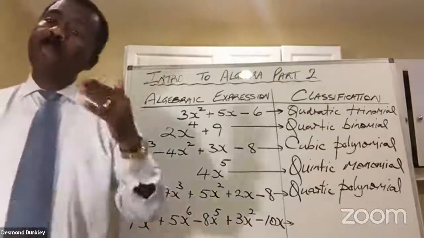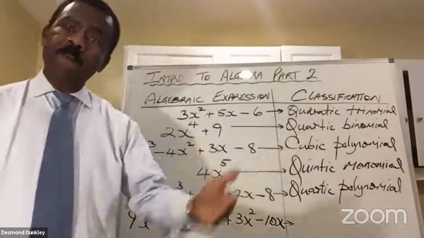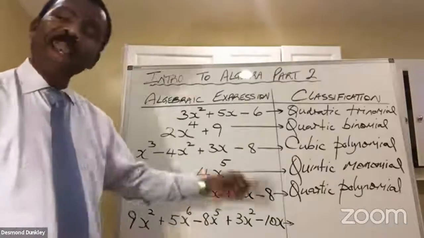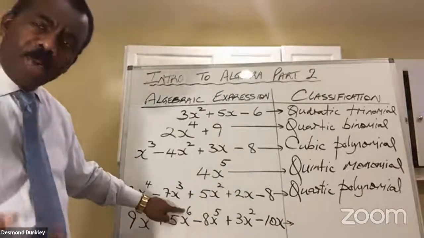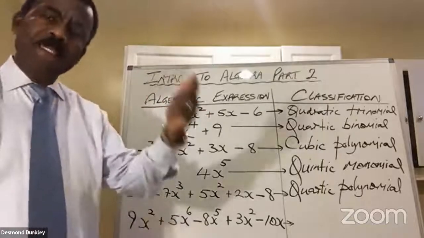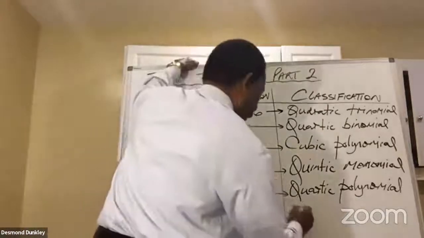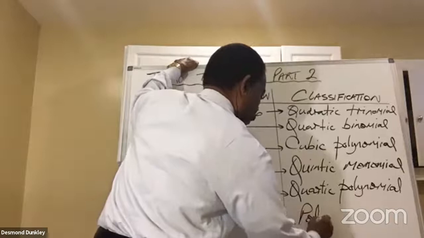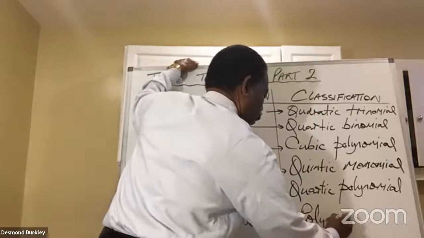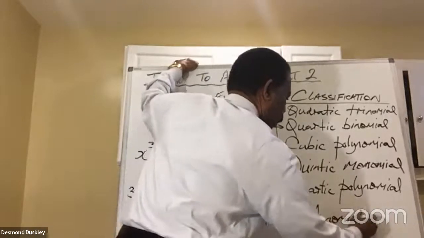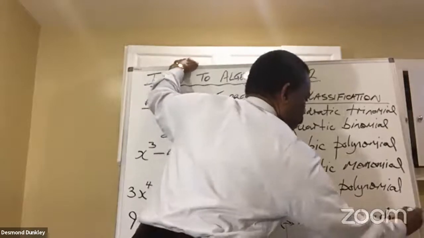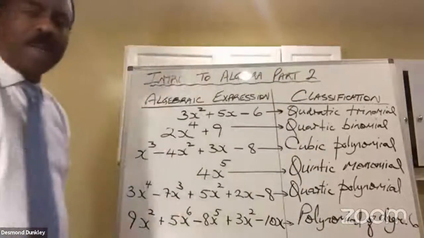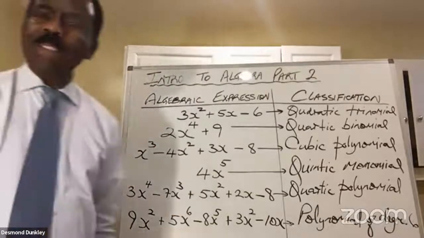And the degree is bigger than 5. So we're going to say it's a polynomial of degree 6.